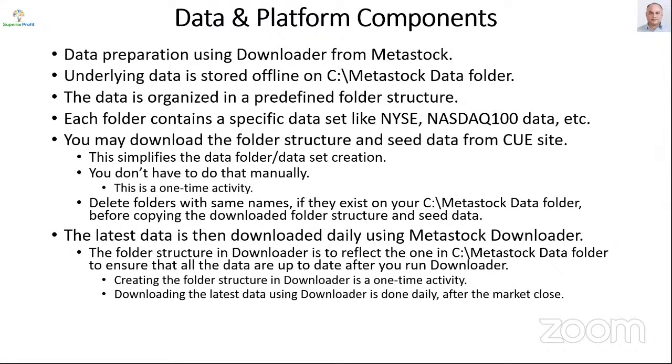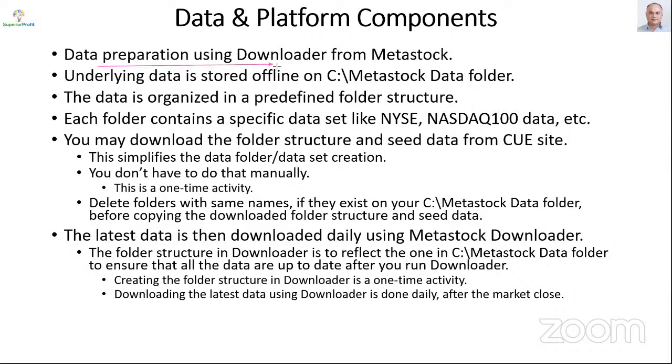Unlike the other Q components, whether it is Q Global, Q types programs, or Q Elite, Q Global Market Breadth installation is a bit more involved because it has several underlying data and platform components. First is data.